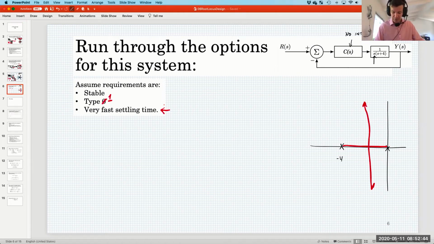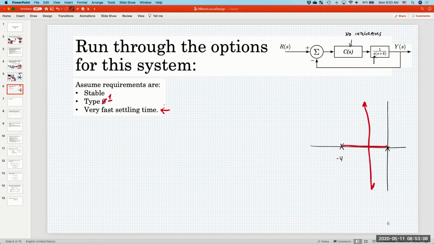So where should I put the closed loop poles to make the settling time fast? Closer to the right? Try again. Closer to the left? Further to the left, yeah.